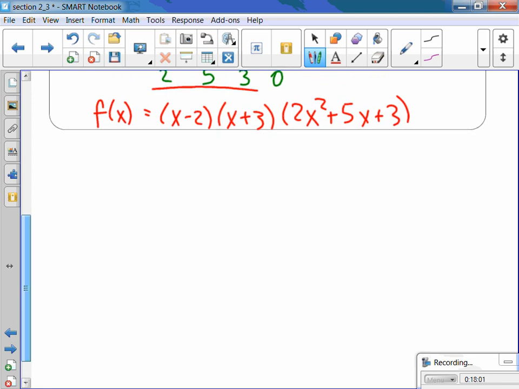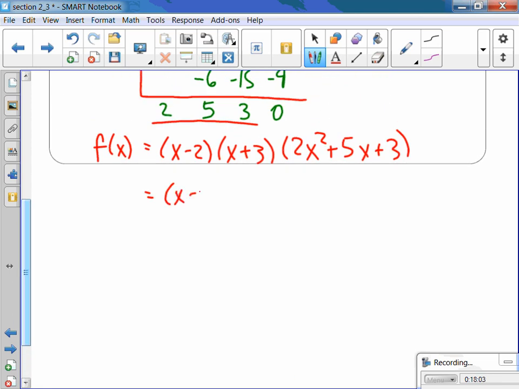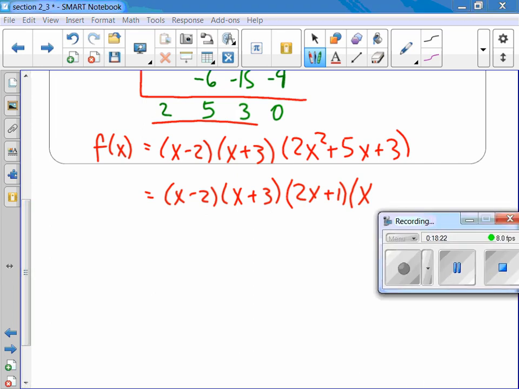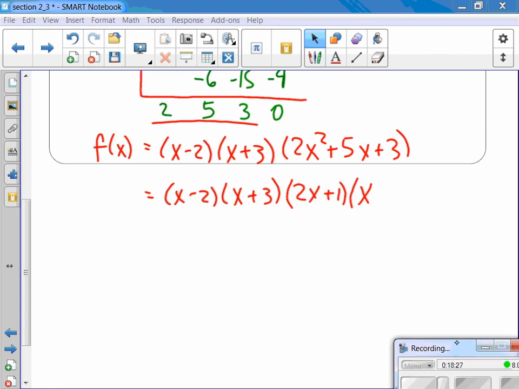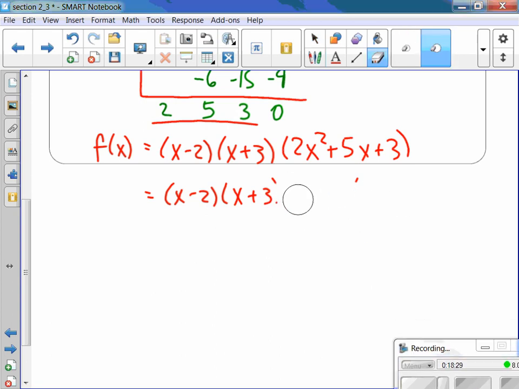And then we look at our 2x squared plus 5x plus 3. That breaks down to 2x plus 3 and x plus 1.